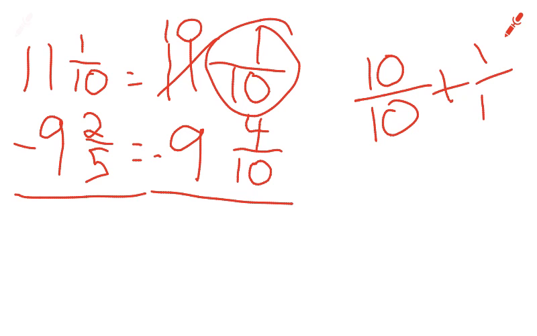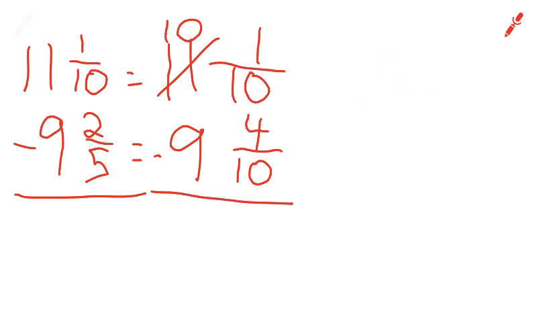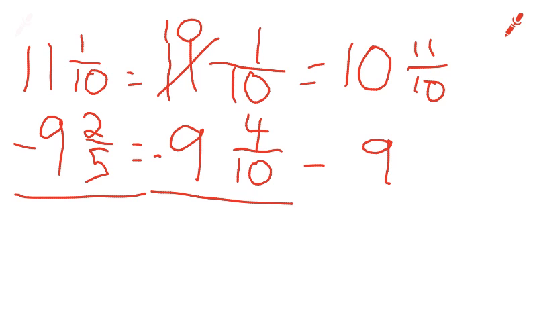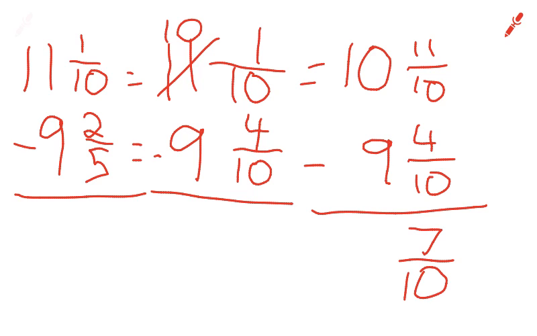When you add those together, you get 10 and 11 over 10 minus 9 and 4 over 10. Now we can subtract. 11 minus 4 gives 7 over 10, and 10 minus 9 is 1. So we get a final answer of 1 and 7 over 10.